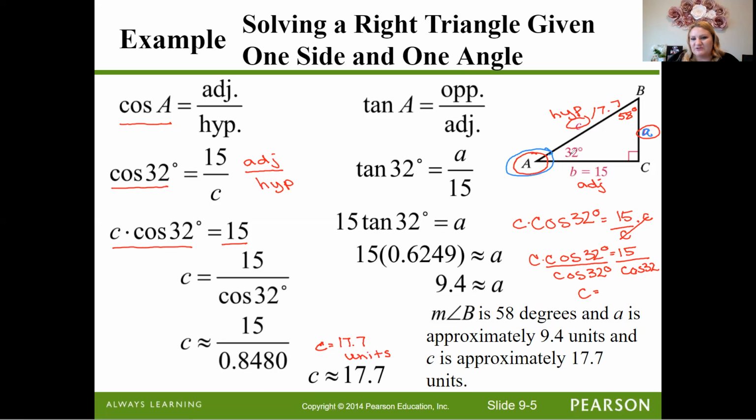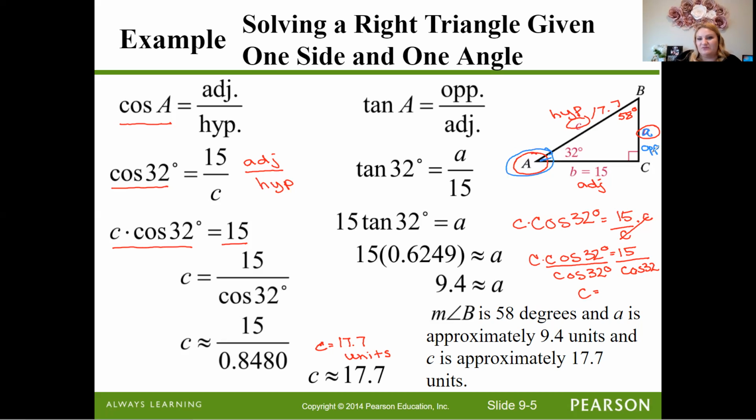So we are going to look and see what we are given. We are given that 32 degrees is the measurement for angle A. We know the adjacent side already, and we are trying to find the opposite side. So this is the opposite side.